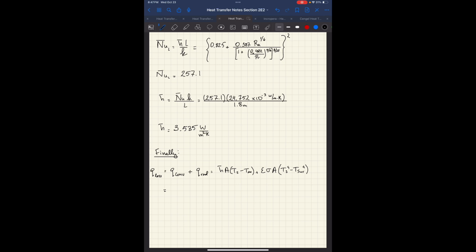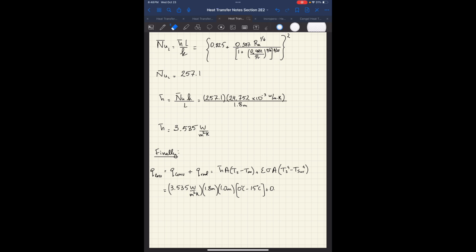All right, so now we just plug in our values, and this problem is basically done, at least this part. We have one last part when we talk about the money. So the area is 1.8 meters is the length, the width is 1 meter. Ts is 0, T infinity is 15. Epsilon, they gave it to us, I think it was 0.94.